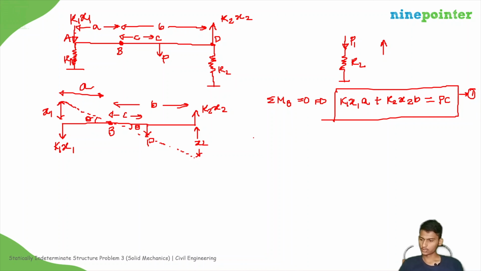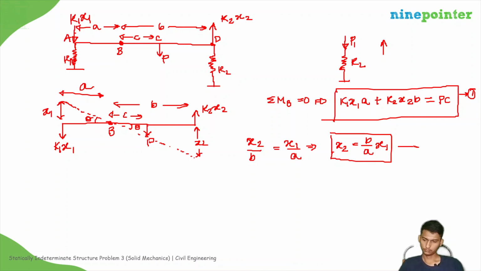Another equation is x2 divided by b equals x1 divided by a. So x2 will be equal to b by a x1. So this is equation 2. Put equation 2 in equation 1.